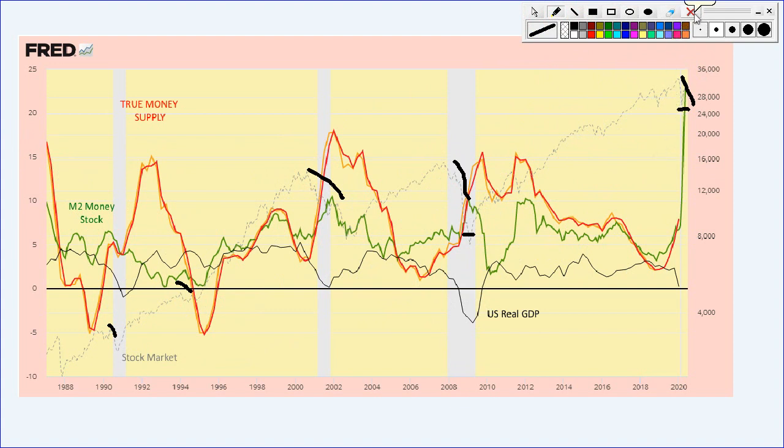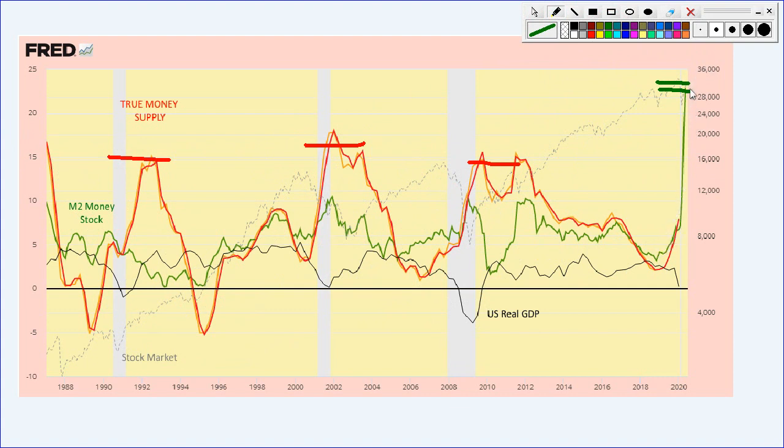So the big question I have for the listener is, if you can see the expansion of the money supply here, here, here, what do you think this is? That's double of this here. So at the moment, true money supply is expanding.